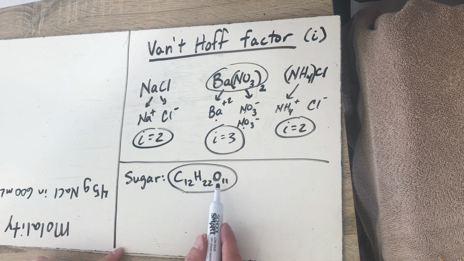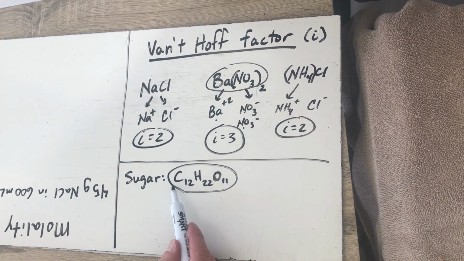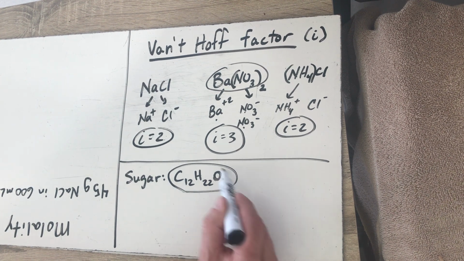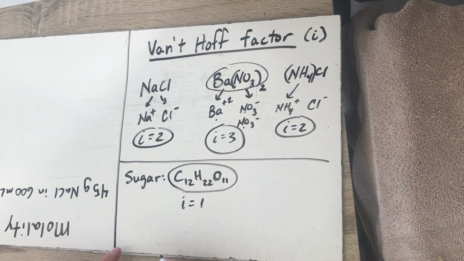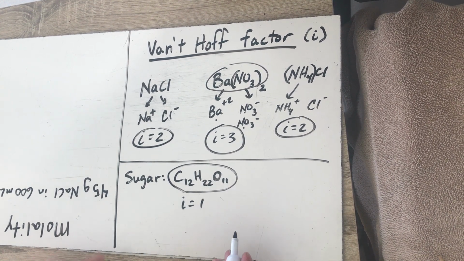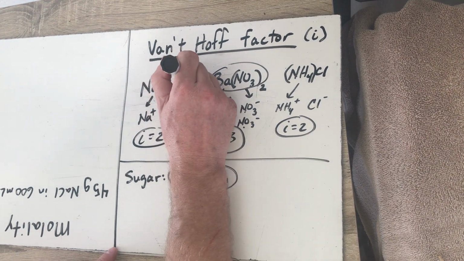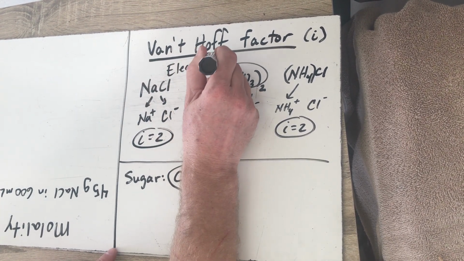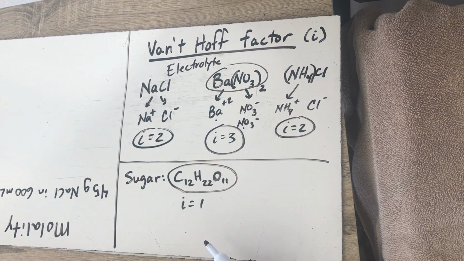It's made of all nonmetals, and there's no ion groups you would recognize like ammonium or nitrate. Then we call this a non-electrolyte solution. It's not going to break up into charged particles. These things stay together, and the Van Hoff factor here is 1. Now, in your homework, we're going to take a look at some electrolyte solutions because I want you to interpret how many different particles they'll break apart into.